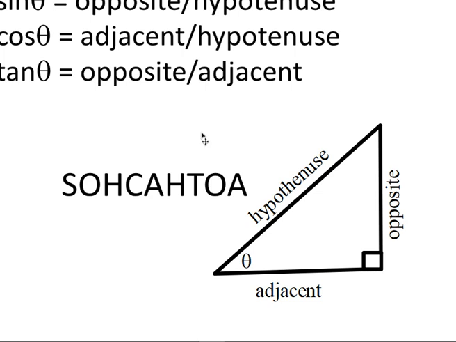We call it the sine, and the adjacent to the hypotenuse, we call it the cosine, and the opposite to the adjacent, we call the tangent. And you have this wonderful mnemonic, SOHCAHTOA, and you are going to do this all year long. So if you don't feel comfortable with this now, you might as well get comfortable with it in a big hurry, because you're going to be doing it all the time.